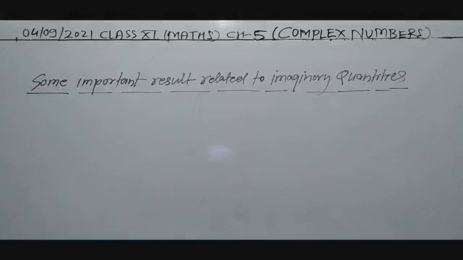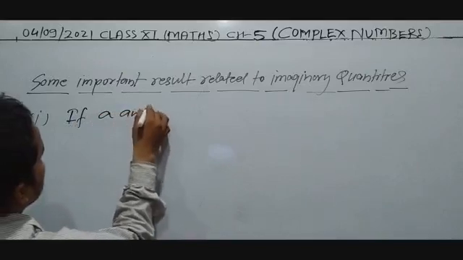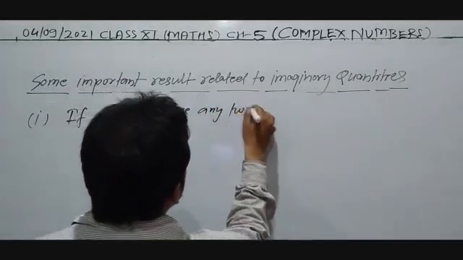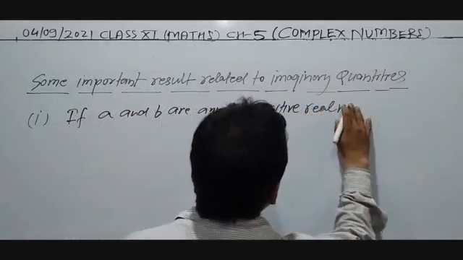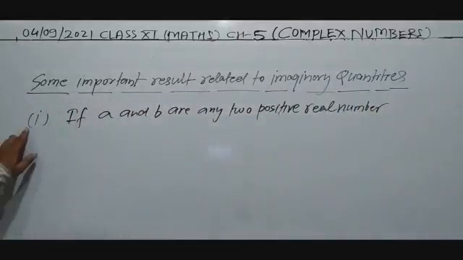So first result is, you have seen, first result, if small a and small b are any two positive real numbers, then what can we say about a and b?